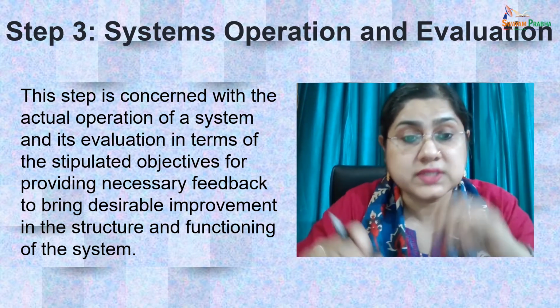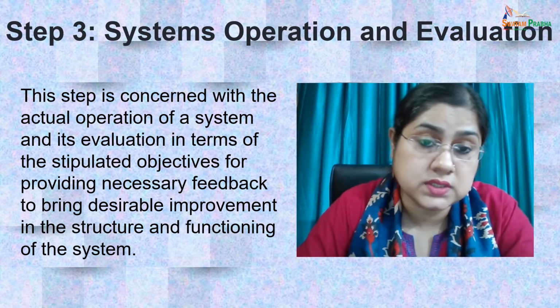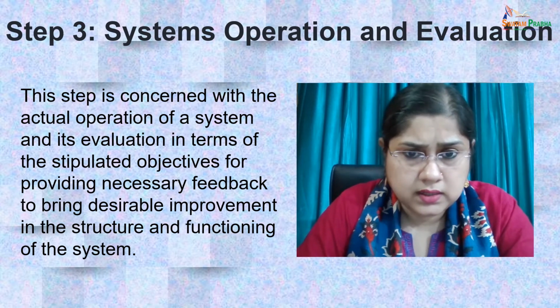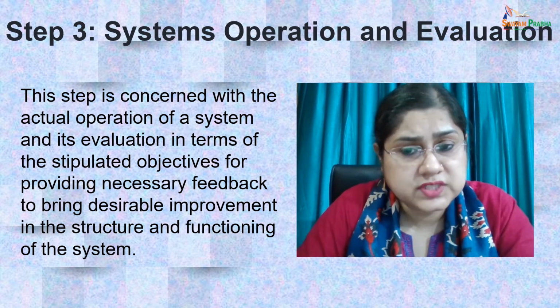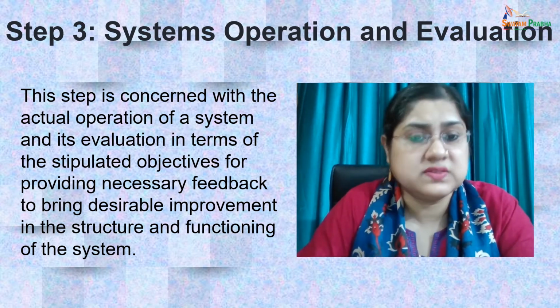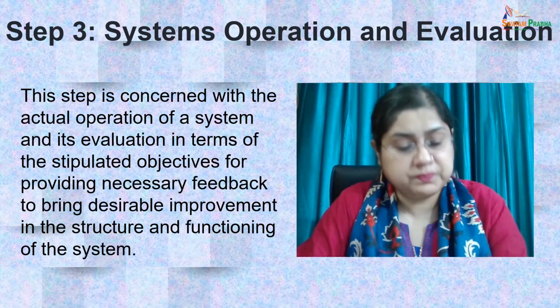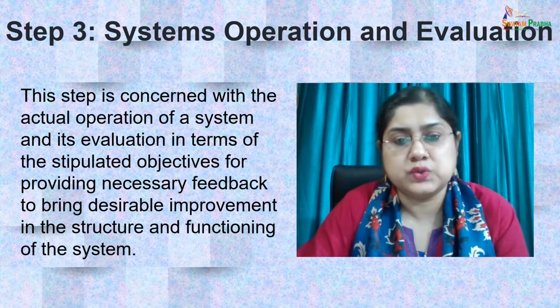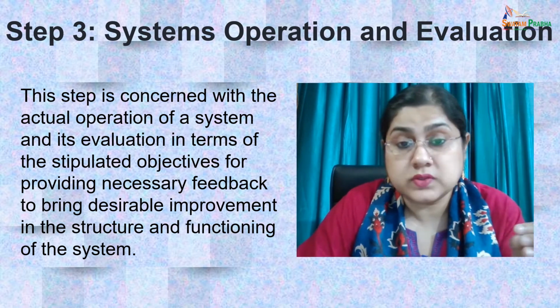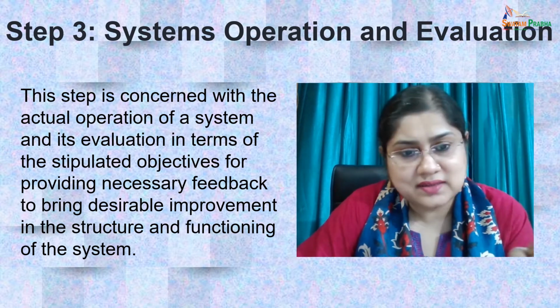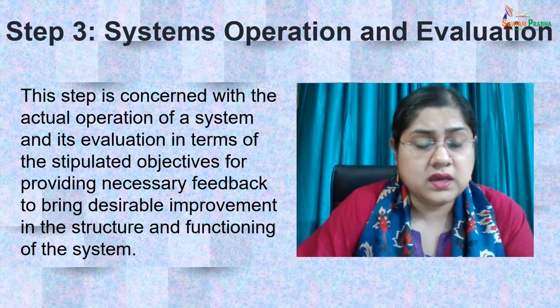So we have to see what are those things which are checked once the system is functioning, and we need to control. We should be keeping an eye on and controlling the process and also the interaction among the elements of the system.